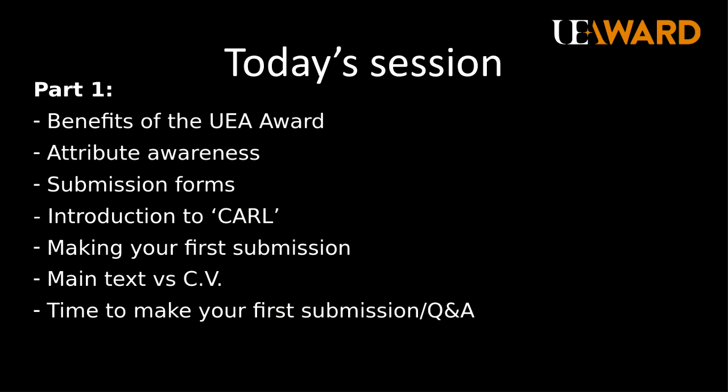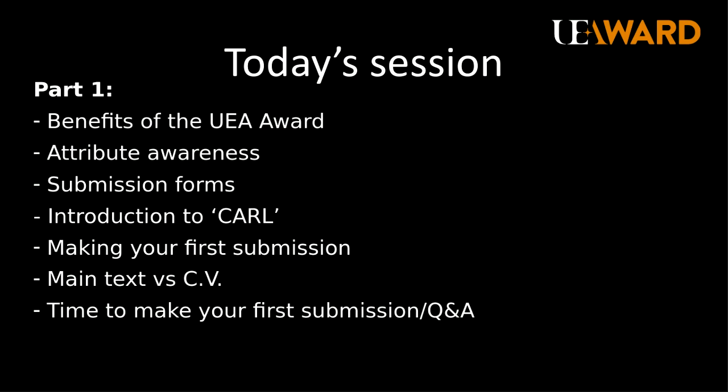So we're going to go through the benefits of the UEA Award. Why should you progress through the award? We're going to look at the attributes that we talk about and focus on as part of the award. We're going to look at the different submission forms, so to do with the 4 different categories. I'm going to introduce you to what we call the CARE framework, which is how we structure all of our submissions on the award.